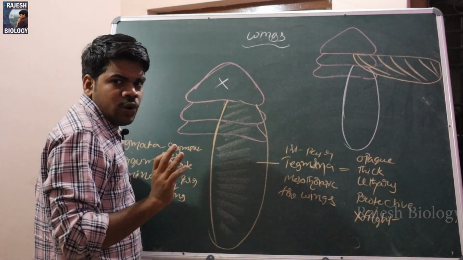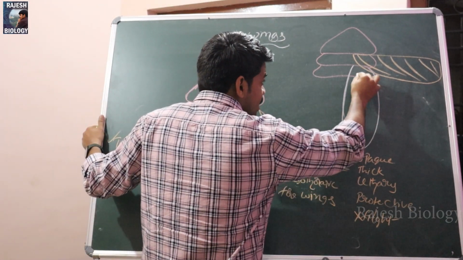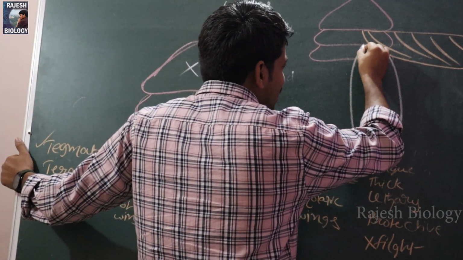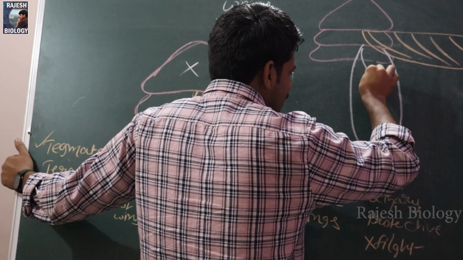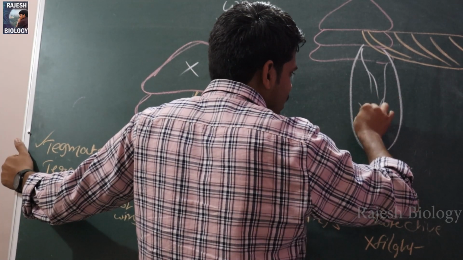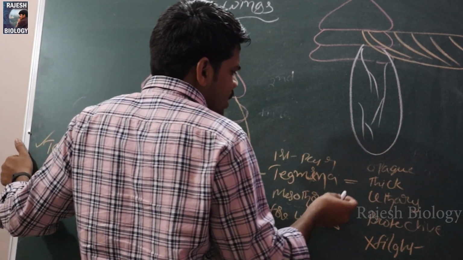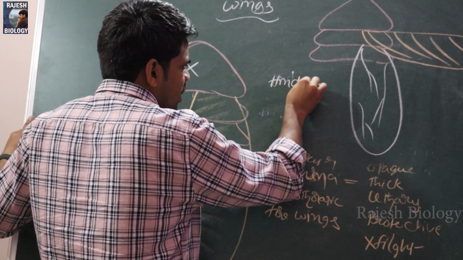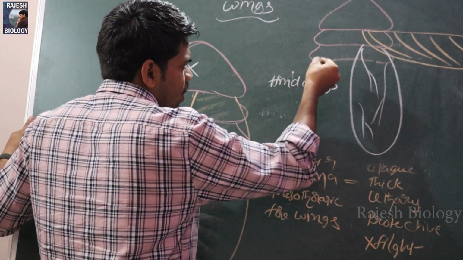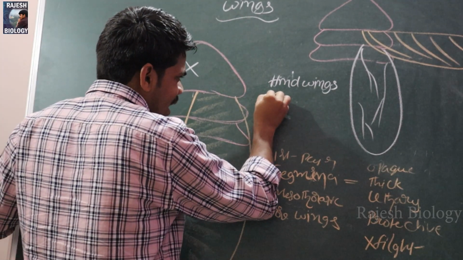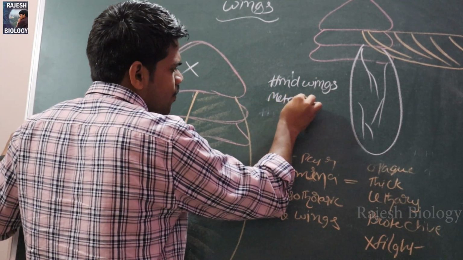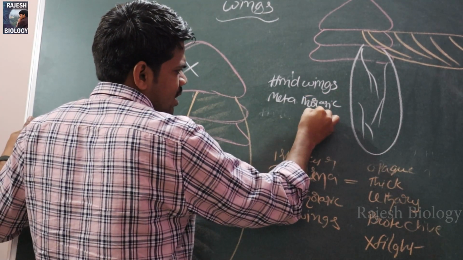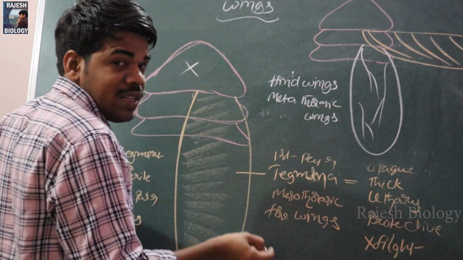It is not at right angles to the body, and it is transparent, and it has so many veins in this manner. These are called hind wings. They arise from the metathorax, so metathoracic wings. Very important wings these are.